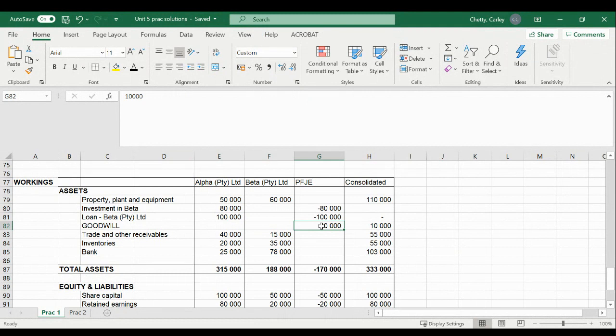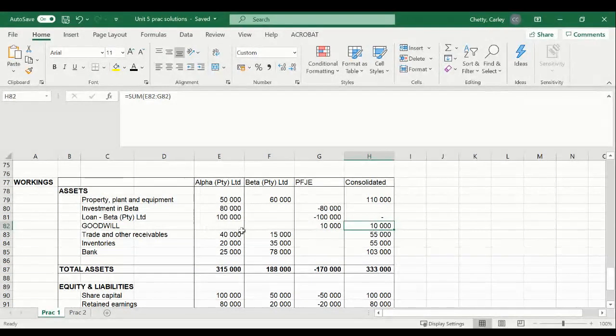But when the pro forma journal entries were done on acquisition, goodwill was recognized and raised. And this needs to be shown in the consolidated financial statements. So remember, we calculated the goodwill as 10,000 Rand, and this came about from the pro forma journal entries.